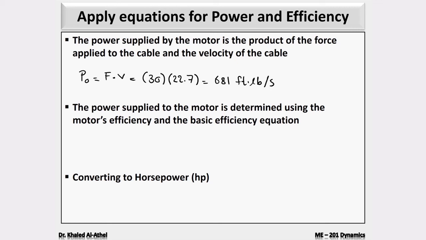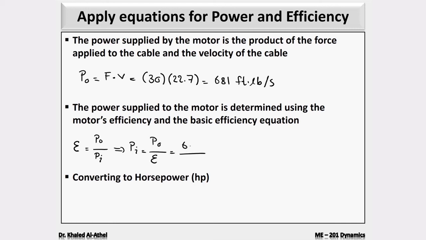Okay. Now, the power supplied to the motor is determined using the motor's efficiency and the basic efficiency equation that we discussed. So, remember that efficiency equals power output over power input. Therefore, in this case, power input should equal power output over efficiency.